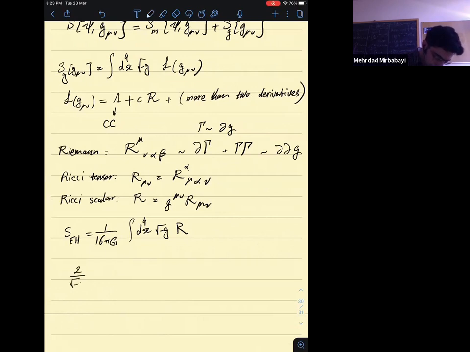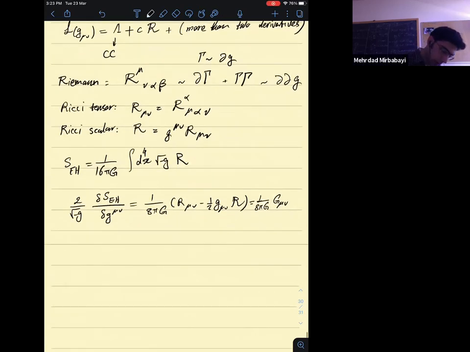If I vary the Einstein-Hilbert action with respect to the metric, what I get is 1/8 pi G times R mu nu minus 1/2 g mu nu R, which is nothing but 1/8 pi G times the Einstein tensor.